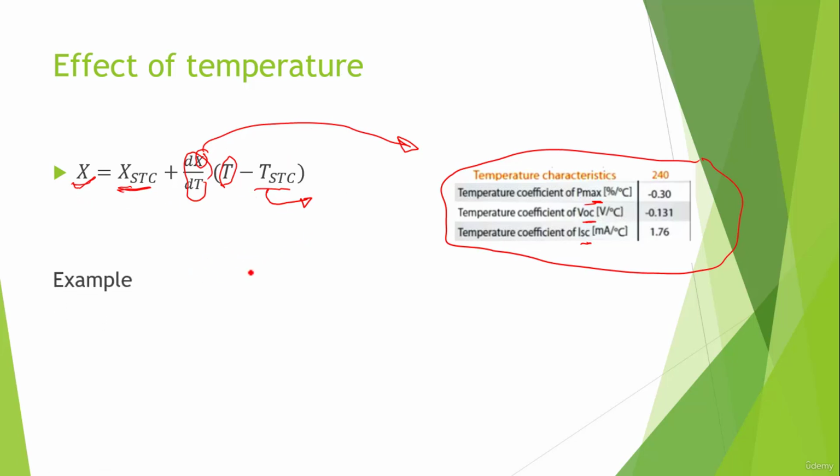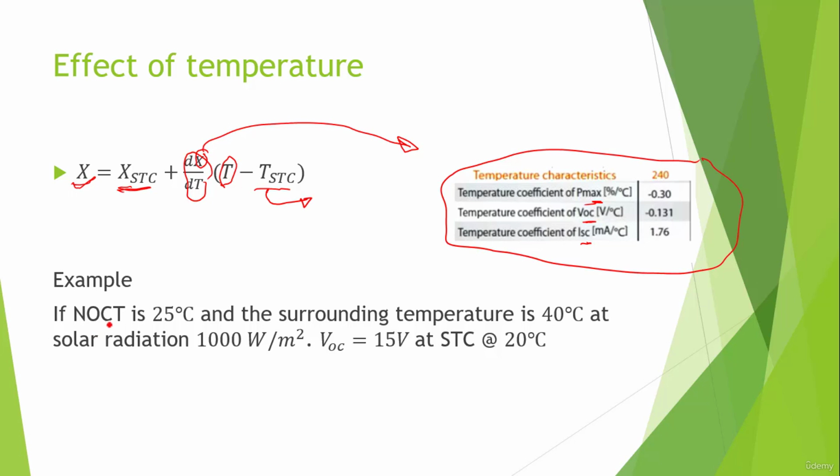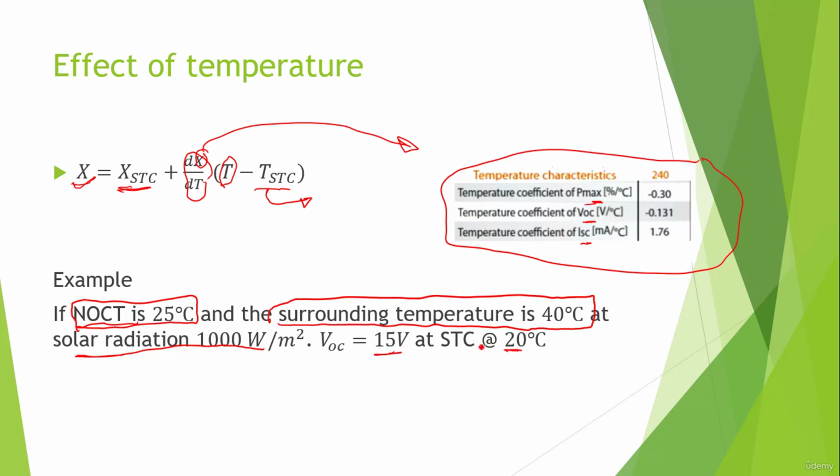So, if we have a NOCT of 25 degrees Celsius for any solar panel or solar cell, and the current surrounding temperature is about 40 degrees Celsius, and the solar radiation is 1000 watt, and the standard temperature condition open circuit voltage is 15 volt at 20 degrees Celsius.